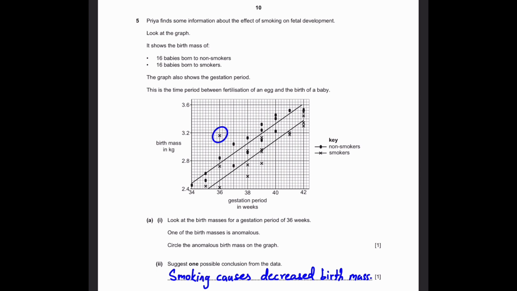So that's very much anomalous, right? And if this wasn't enough, even 38 weeks is outstripped by this one period. And also if we look at all the other smokers' points, they are quite low compared to this one, which is suddenly very high. So this is obviously anomalous.